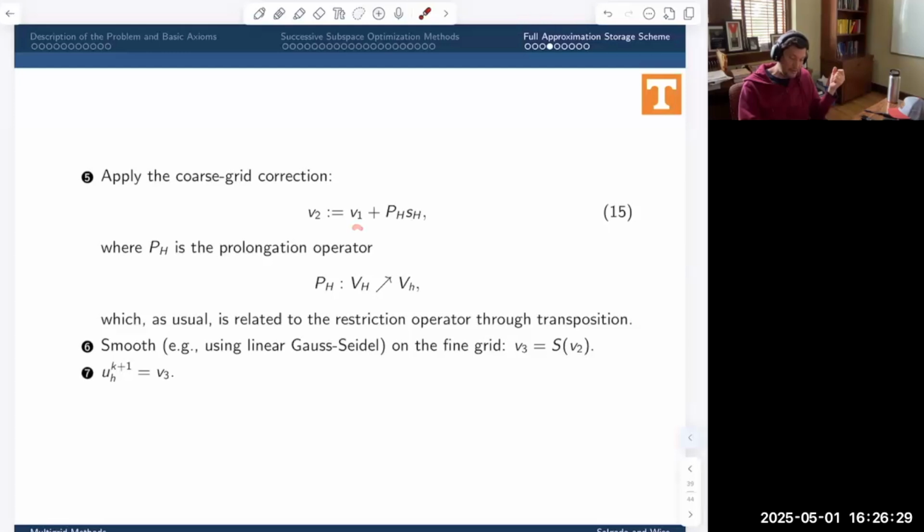We add it on to the previous best guess we had on the fine grid, and that gives us our updated solution. And then what's the last step of the two-grid algorithm? We smooth that using, let's say, linear Gauss-Seidel or Richardson's method, or damped Jacobi, whatever we want to use, and that gives us a smoothed solution. And that V3 is what we're going to call our updated guess UHK plus 1. So that's the linear two-grid algorithm.